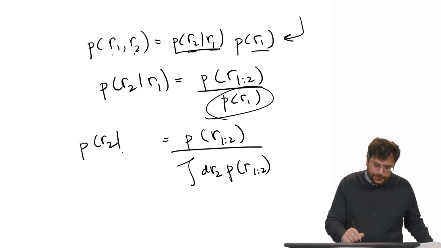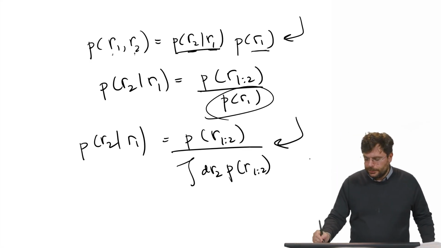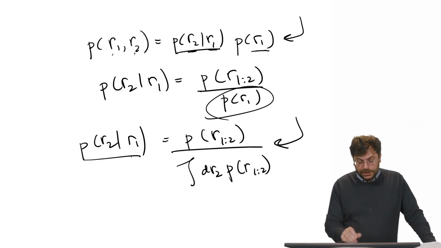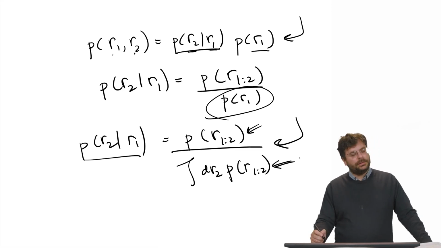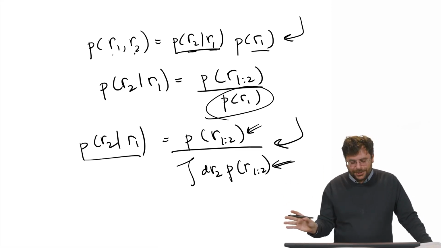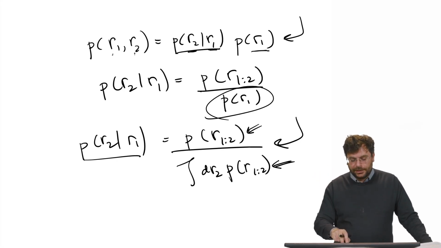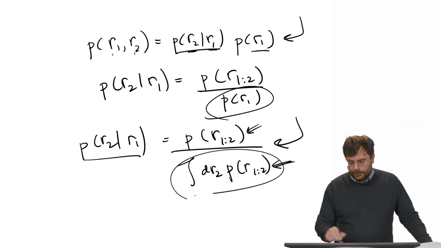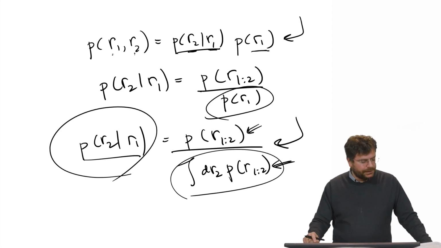So at this point, I have expressed my conditional distribution using a joint distribution and a marginal of a joint distribution. So all I ever need to know is my joint distribution. And from the joint distribution, I learn the marginals by integration and the conditionals by division.